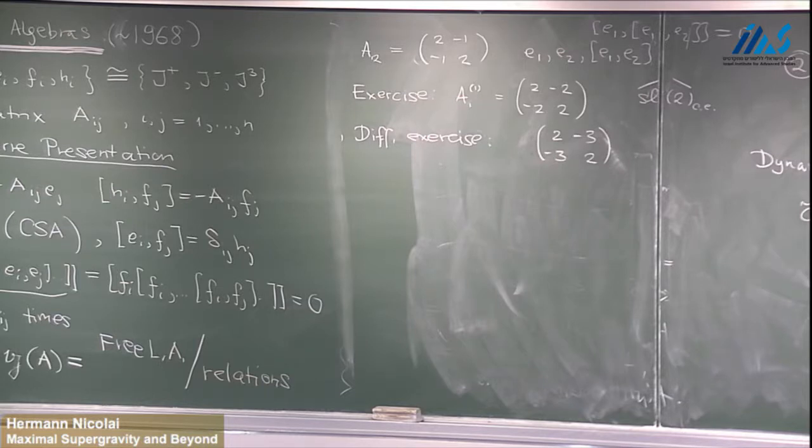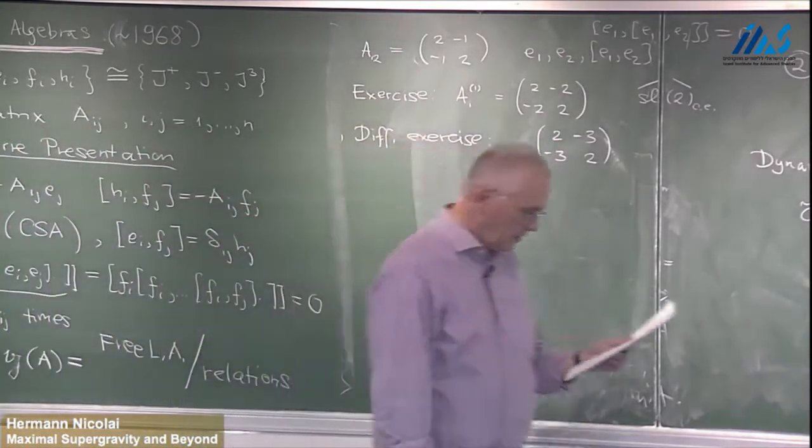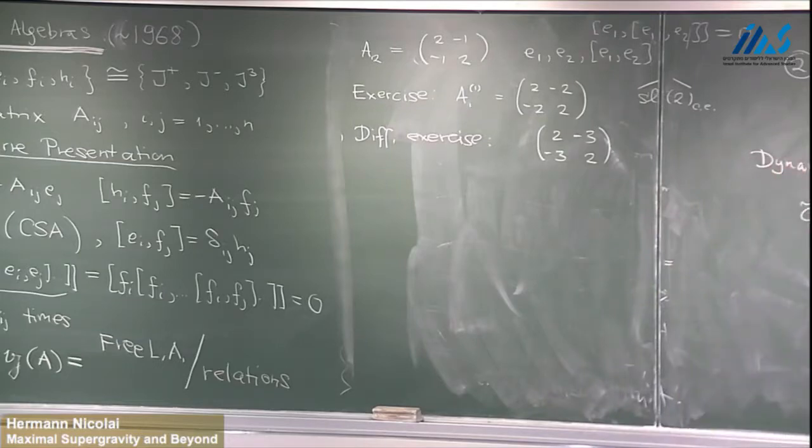Actually, Chevalley, when he invented this, was interested in defining Lie algebras over finite fields, and then he needed a basis with integer structure constants. And Kac and Moody, their generalization depends on something else.